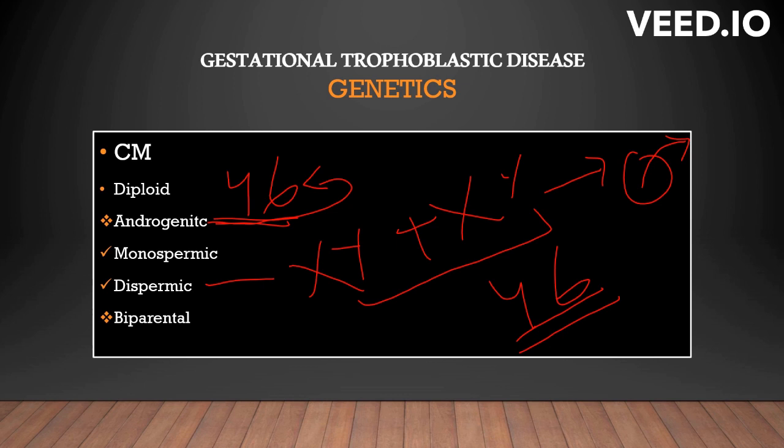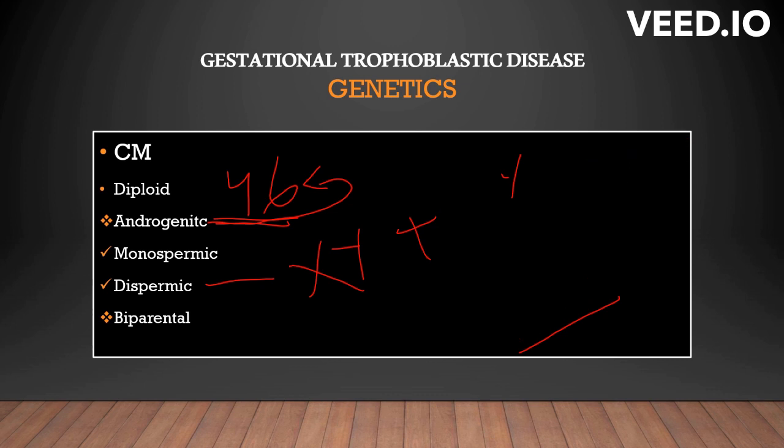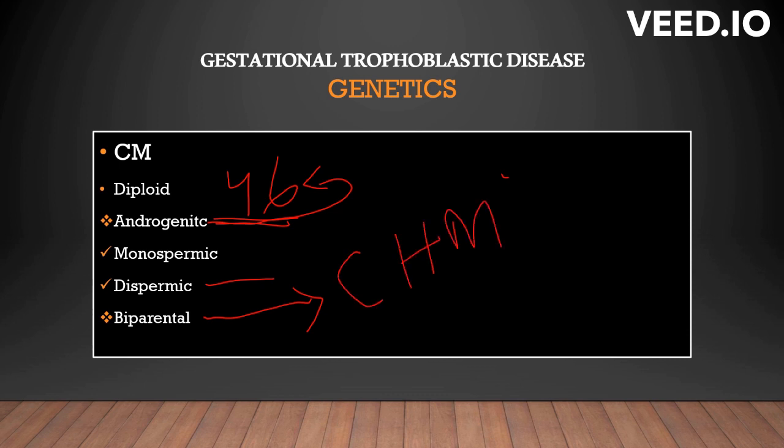But very rarely, the complete mole can arise from a biparental origin, meaning both parents share the genetic material in the conceptus. But it is seen in those conditions where there is a syndrome called familial complete hydatidiform mole.